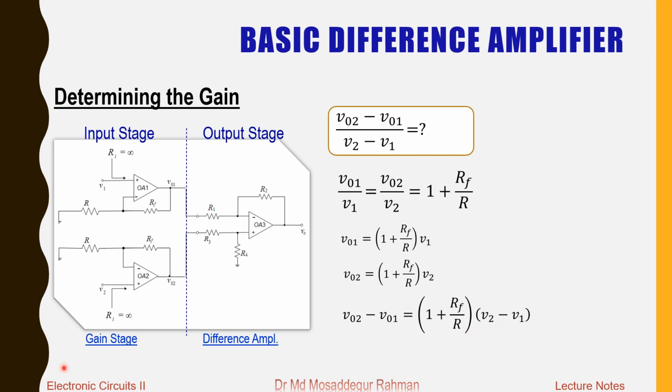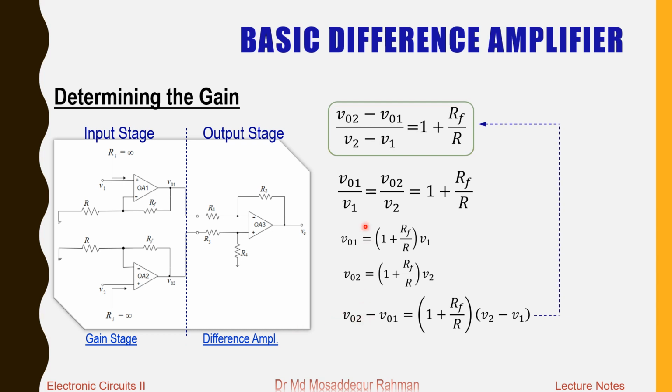Now rearranging the terms of this equation, if we divide this by V2 minus V1, you finally get this expression. So that is the gain of our gain stage that we have just added to our basic difference amplifier. So that is how we have determined the gain of the gain stage.